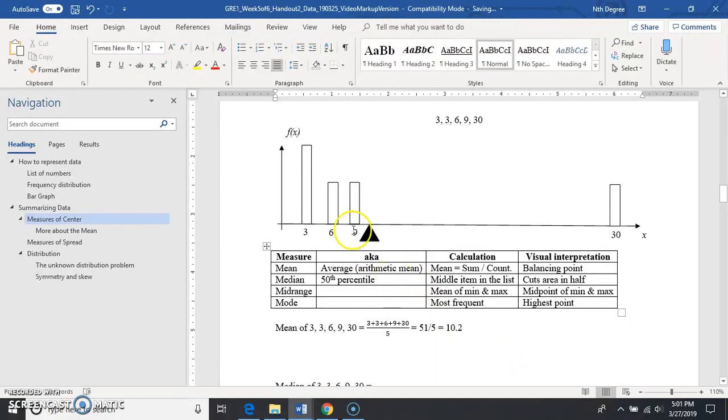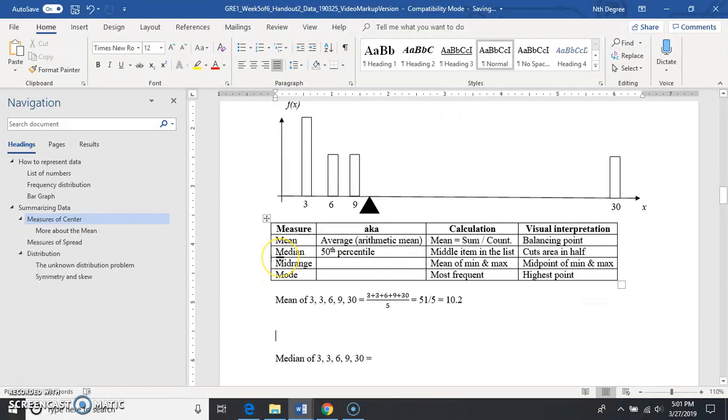Most of the weight, so to speak, of the distribution is over here, and we have not as much weight over here, but it's really far away, and when you push things farther away, it tends to tip the balance in that direction. So in order to make all this weight equally balance out, we would put the balance point right there at 10.2, and that's the mean.